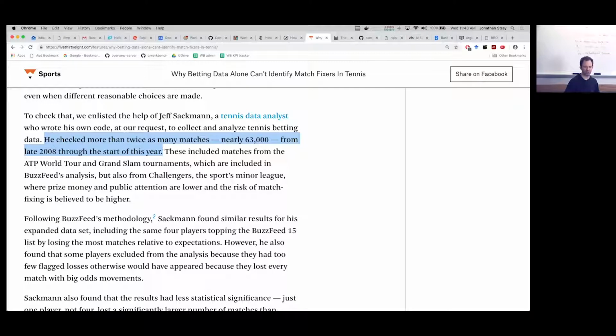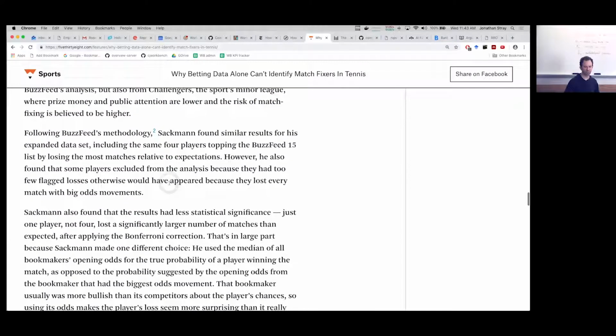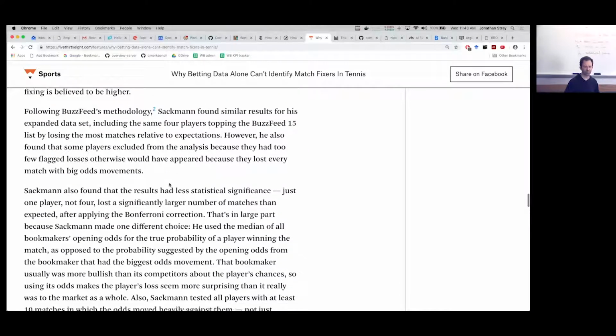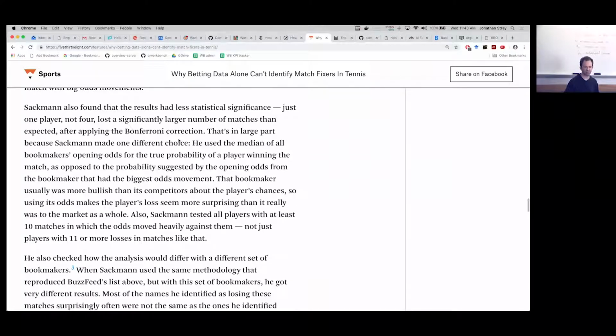But also, the BuzzFeed analysis looked at the bookmaker. There are 7 different companies producing betting odds, and they're going to have different odds for the match.